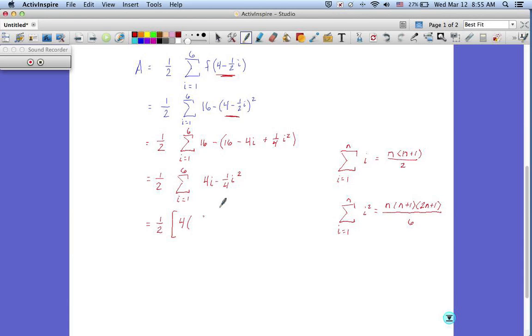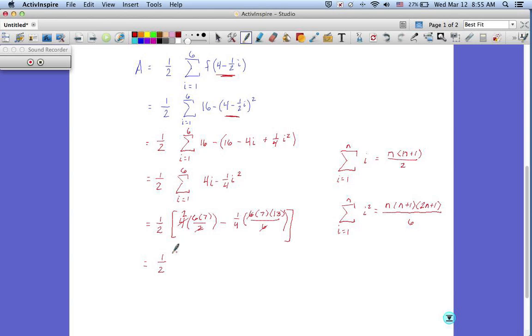Okay, so 4 times the integers. Well, n is 6 in this case, so it's 6 times 7 over 2, minus 1/4 times the sum of the squares. That's this formula, 6 times 7 times 13 divided by 6, and from here it is just algebraic. Check this out. 4 and 2 reduce. 6 and 6 cancel.